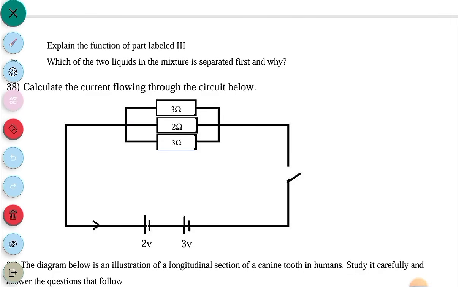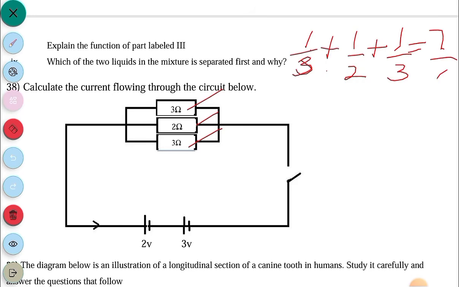Calculate the current flowing through the circuit. So since we have space here, we can do everything here. So these are resistors. So to calculate the total resistance, 1/3 plus 1/2 plus 1/3.